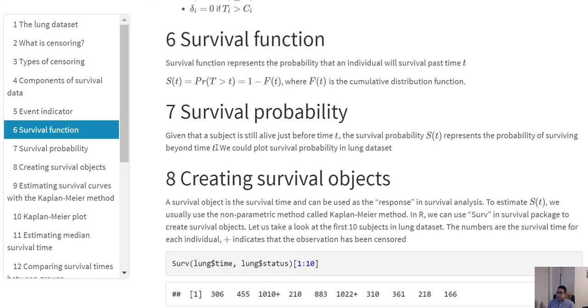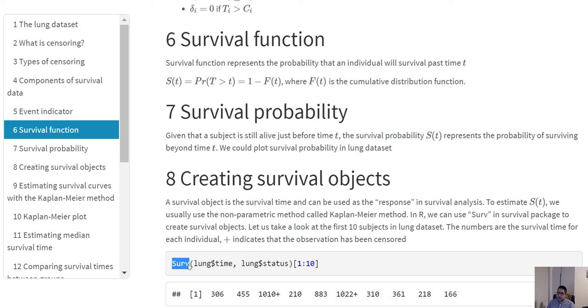If we are trying to estimate this survival function or the survival probability in R, first we need to define the survival object, and to define the survival object we need to specify the survival time element and the censoring status element.